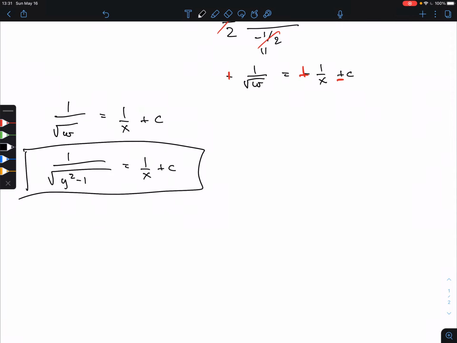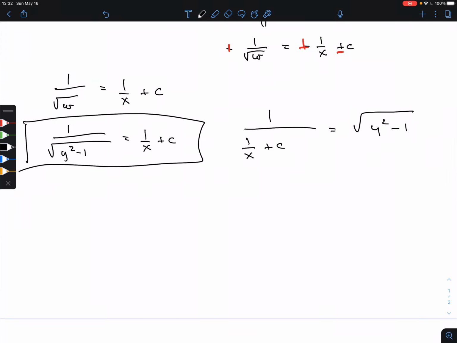The first thing you want to do is cross multiply. I mean, you have to solve for y here, right? So if I cross multiply, I get that this here is radical y squared minus 1. I don't like the denominator in here, so to get rid of it, what I'm going to do is multiply everything by x on the top and the bottom.